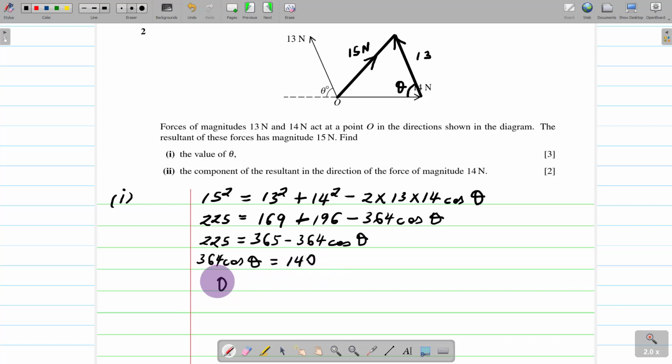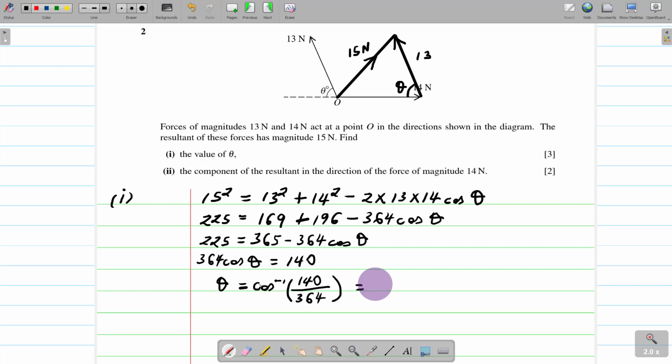This implies that theta is going to be equal to the cos inverse of 140 divided by 364. And let me see what that gives me. So I get 140.